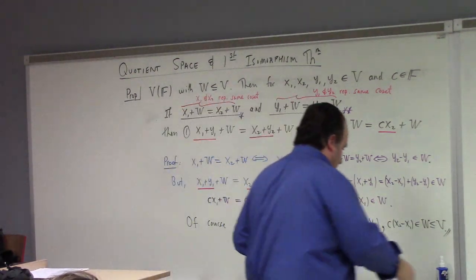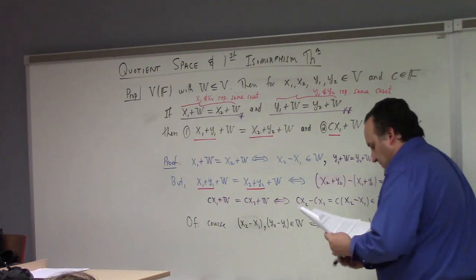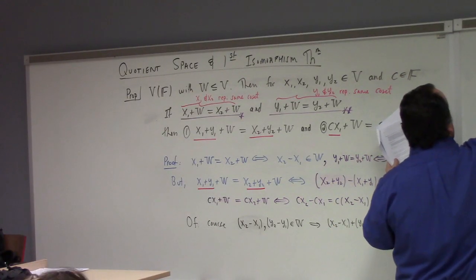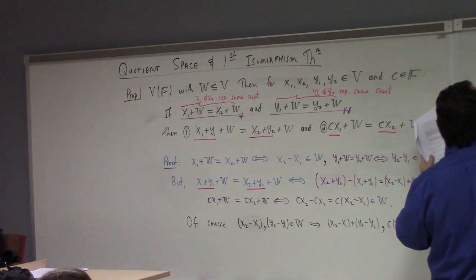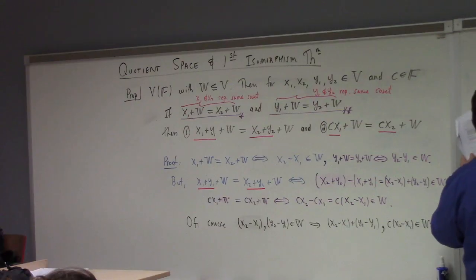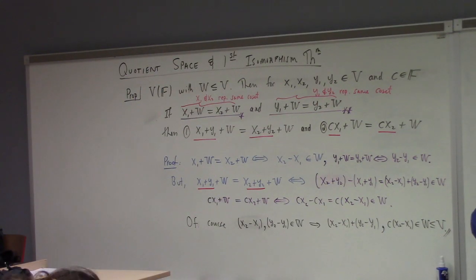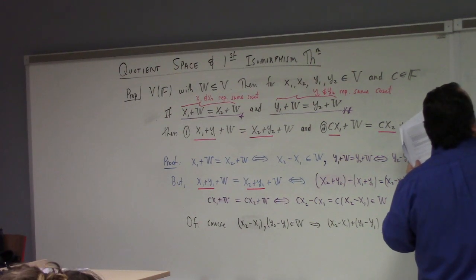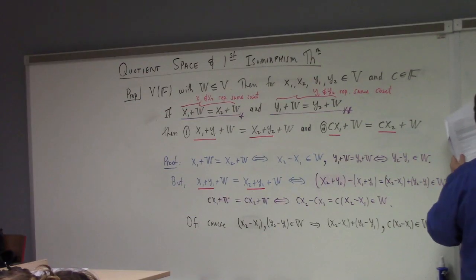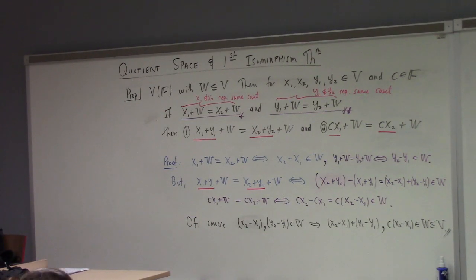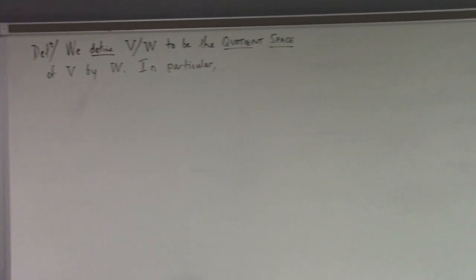So here we go. Definition. We define V by W to be the quotient space of V by W. In particular, as a point set, V by W is the set of all cosets of W. It's a set of all cosets.